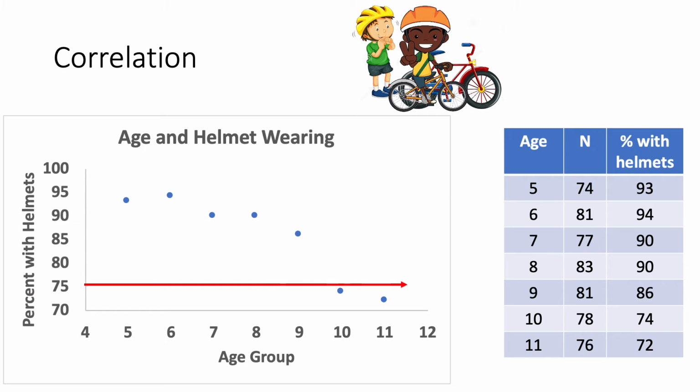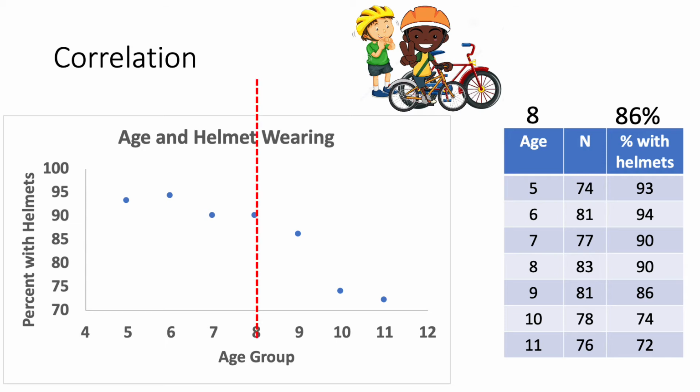And if you look at as their age increases, the older kids, fewer of them are wearing their helmets. So the percent who are wearing helmets is actually decreasing. And if I look at the averages, the average age is 8, and the average for wearing helmets is 86%.